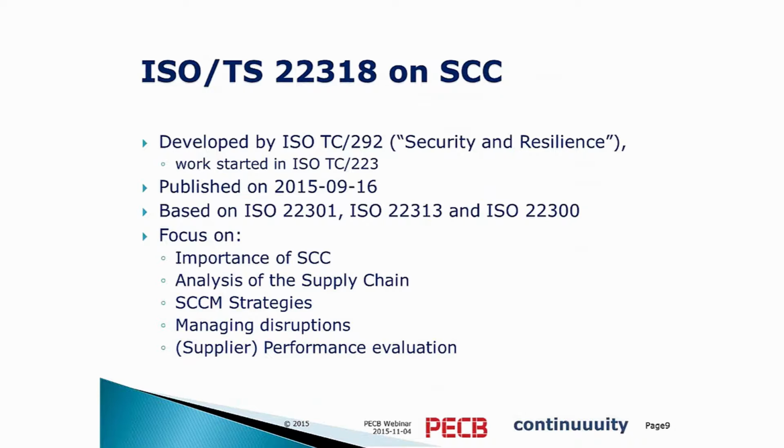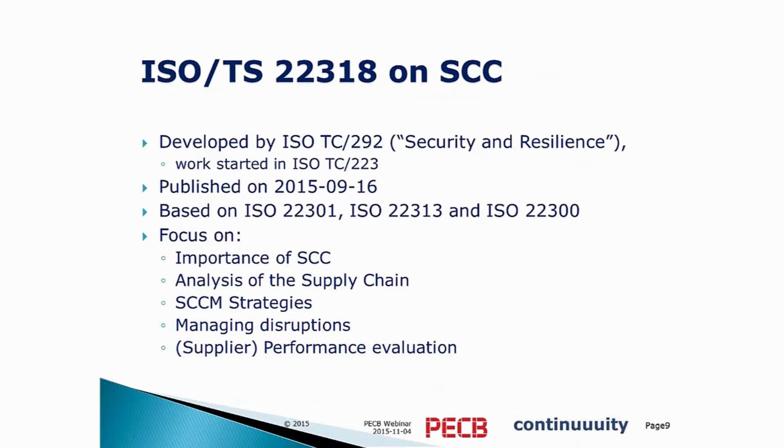It was published, and it's a member of the family of 22301, 22313, and 22300 standards. We spoke about the 01, the 13. These are the business continuity management system standards. And 22300 is just a glossary to address definition of terms for this range of standards.